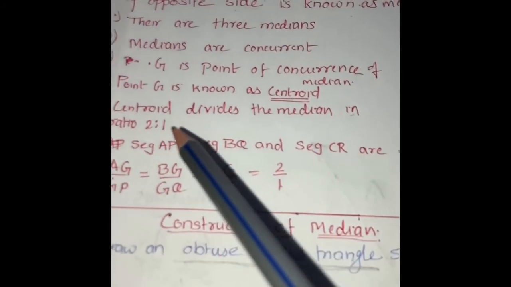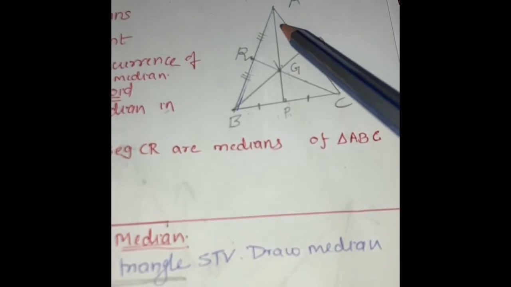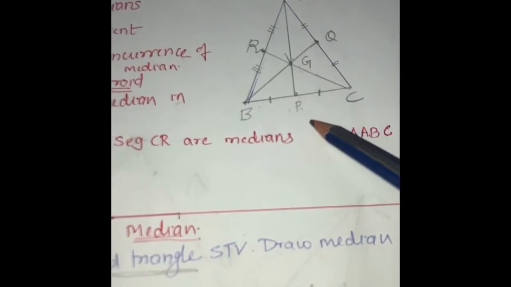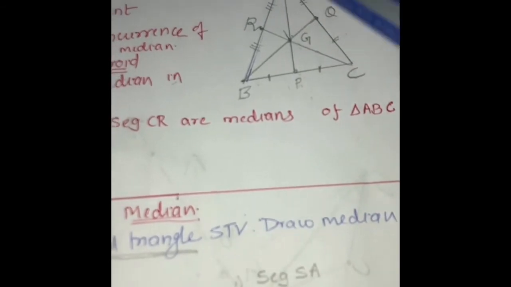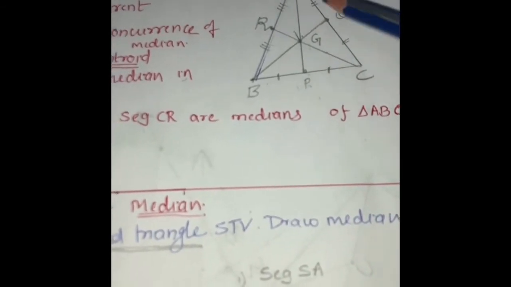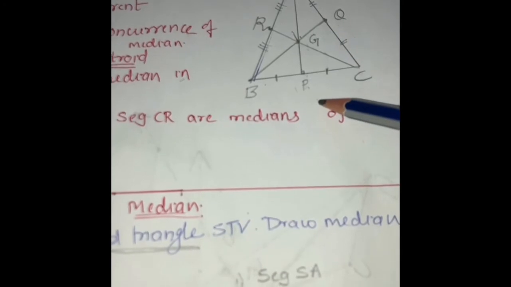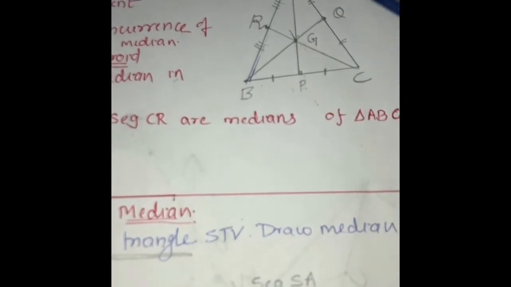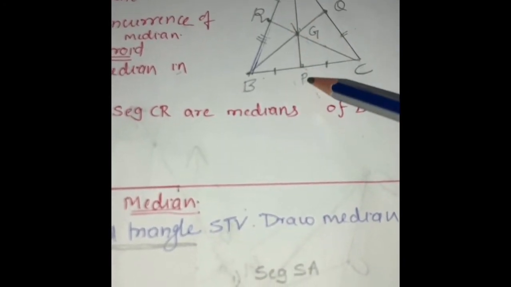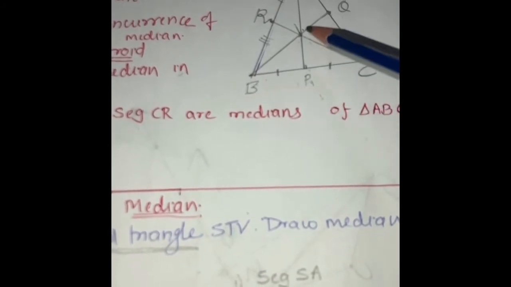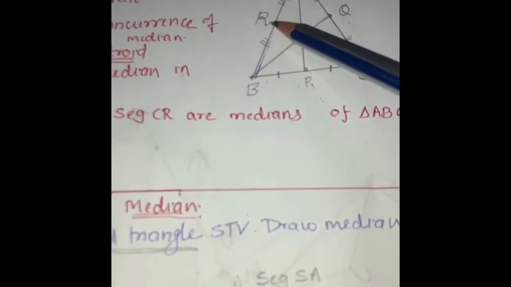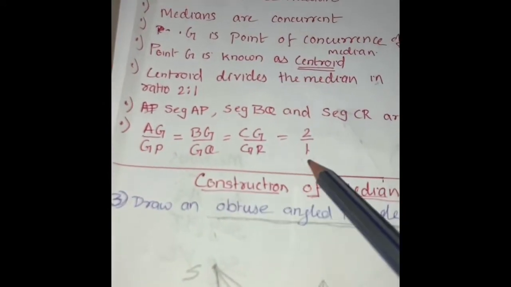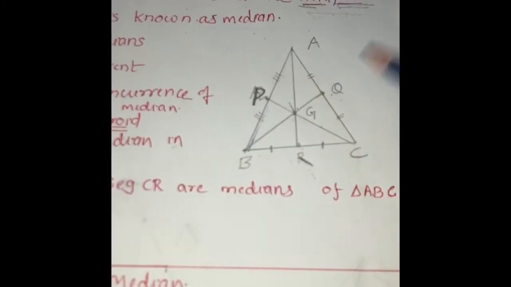The centroid has this power: it divides the median in the ratio 2:1. That is, centroid divides the median in the ratio 2:1. That means AG upon GP is equal to BG upon GQ is equal to CG upon GR, which will be equal to 2/1. Which are the three medians for this triangle?